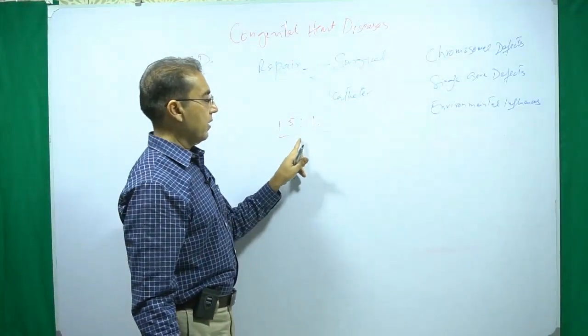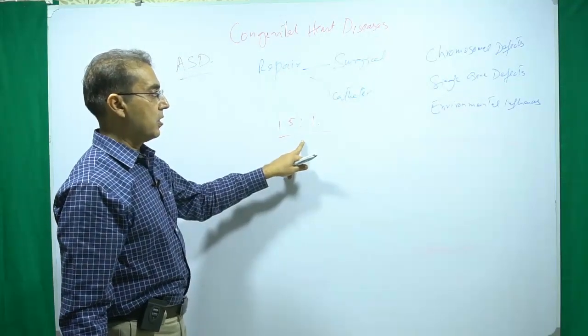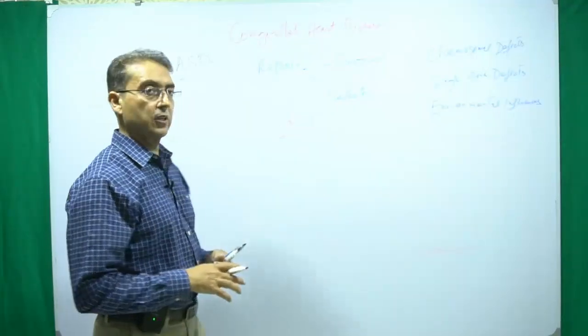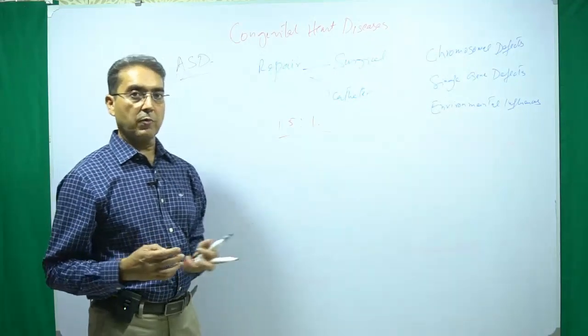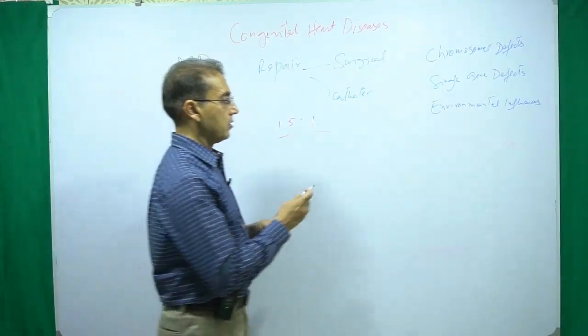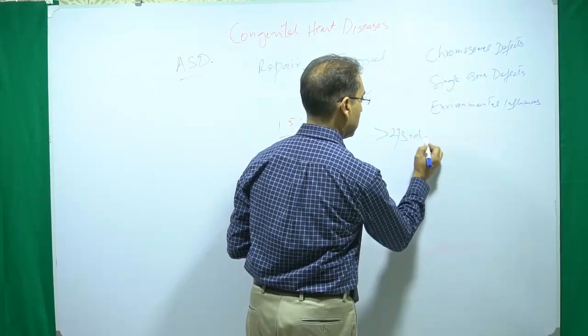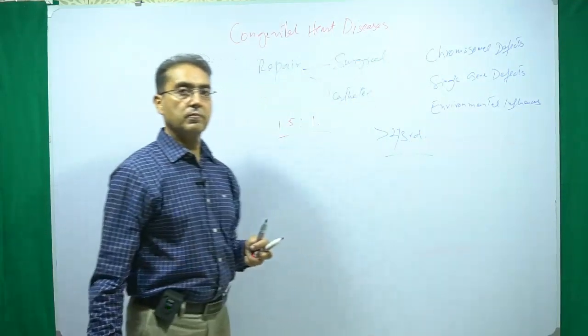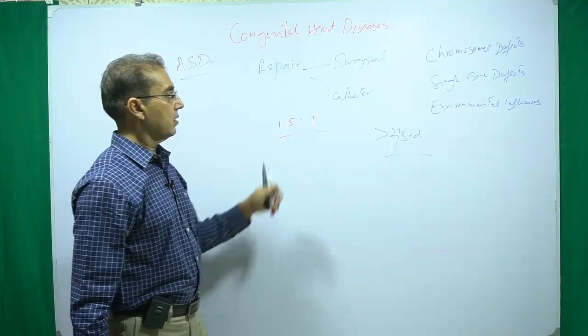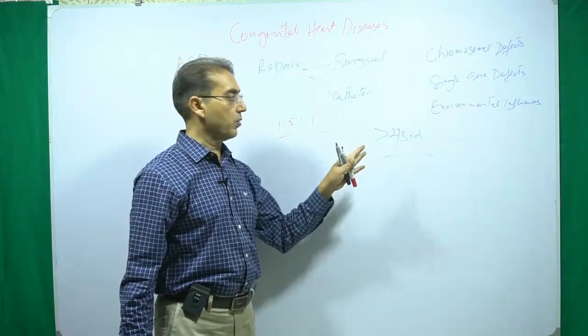You see, at times the shunt is high, but the patient has developed increased pulmonary pressures. If the pulmonary pressures are greater than 2/3 of systemic pressure, there are chances that our surgery might not be useful, might even fail.